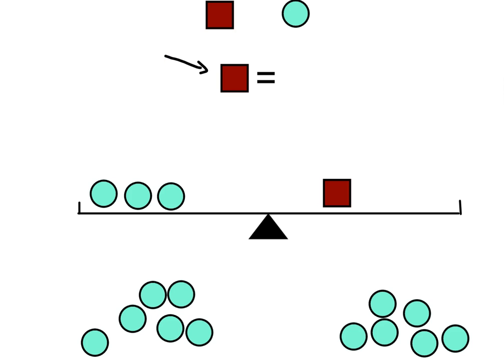So as long as you're doing stuff equally on both sides of your balance, or equal sign, then it's going to maintain its value. So the answer to the question, how much is 1 maroon box equal to? You can say 1 maroon box is equal to 3 blue circles.